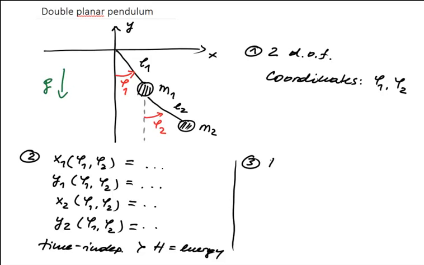So you know the kinetic energy in terms of Cartesian coordinates. That's the kinetic energy of the first mass plus the kinetic energy of the second mass, and you express that in terms of the new coordinates phi 1 and phi 2.